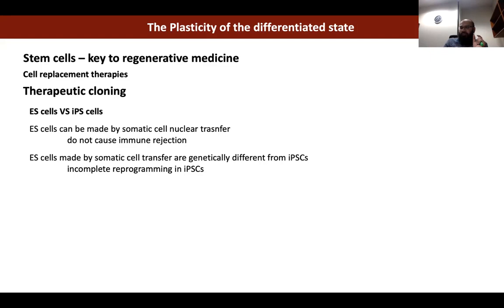But between these two types, the cells made by somatic cell nuclear transfer are of better quality in producing a particular differentiated cell type. Why? Because they are genetically very similar to the embryonic cells. While for the induced pluripotent stem cells, we also learned earlier that there is incomplete reprogramming.